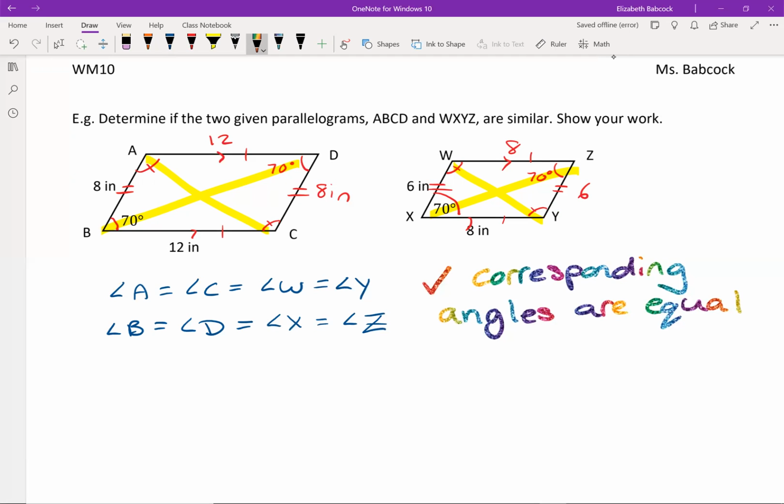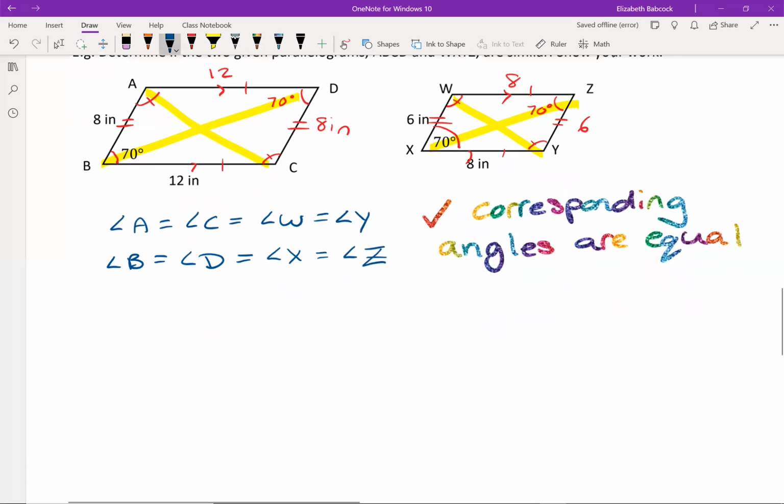Okay. So we fit one property. But now we need to double check to make sure that we fit the other one. So we have side XY. Side XY is 8. Its corresponding side on the big one would be the one in the same position, so BC, which is 12.